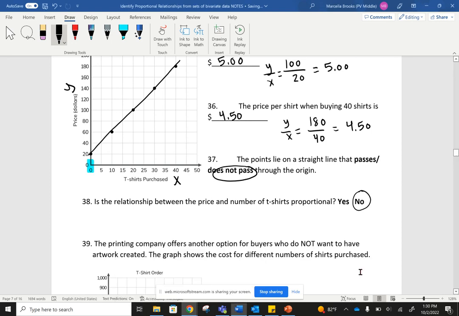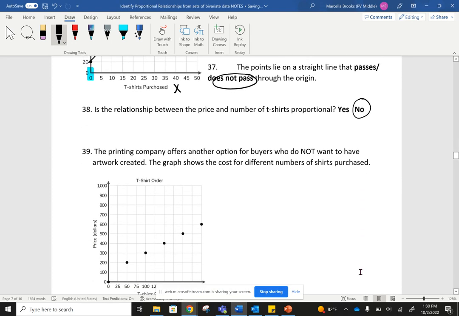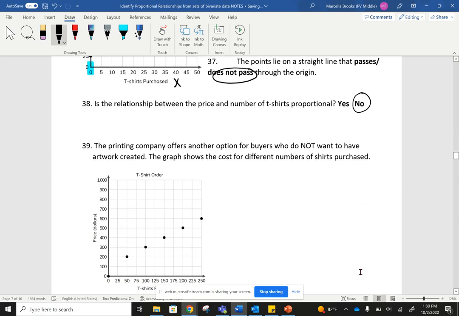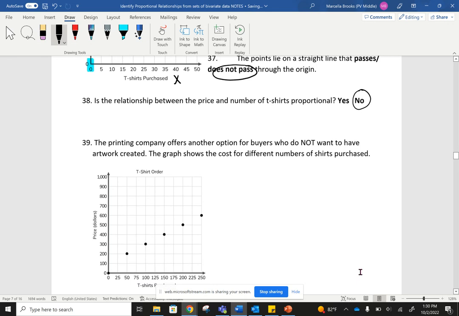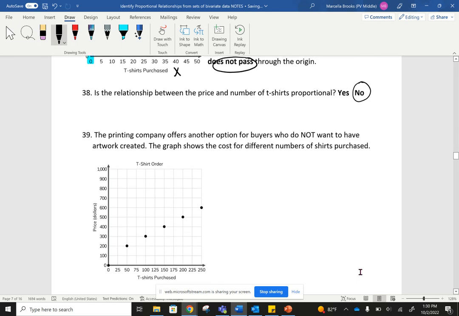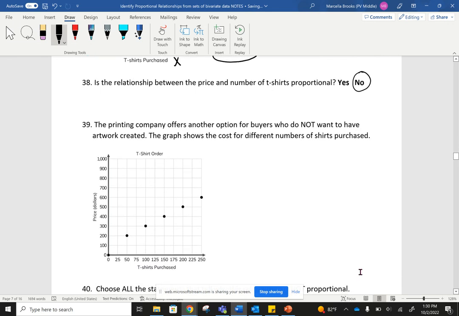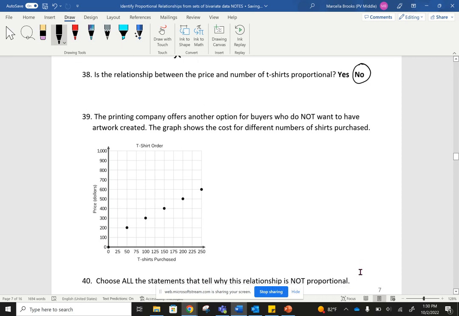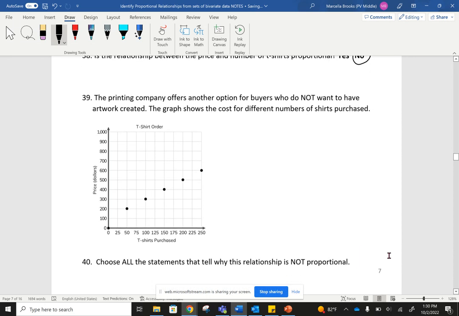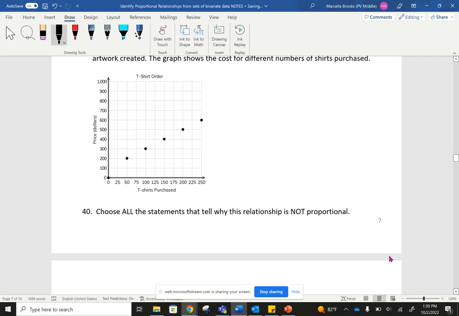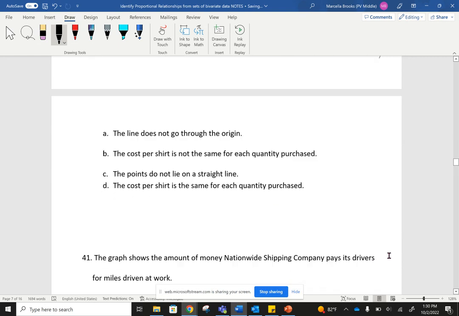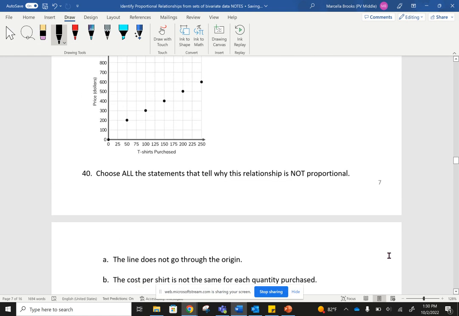All right, 39. The printing company offers another option for buyers who do not want to have artwork created. The graph shows the cost for different numbers of shirts purchased. So here we go. Man, the spacing on this document is wacko. I'm so sorry.